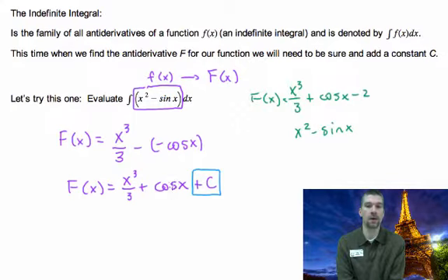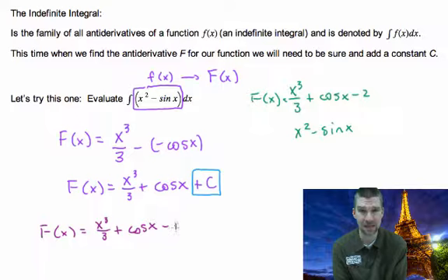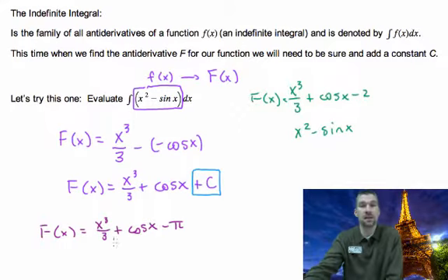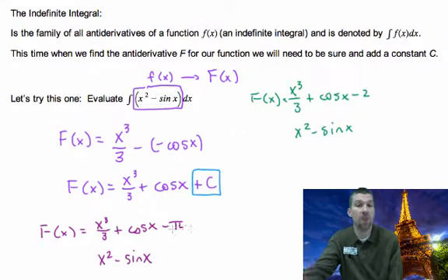Or we could look at another quick example. Again, capital F of x equals x cubed over 3 plus cosine x. What if I added negative pi? Remember, pi is a constant, even though our brain doesn't want it to be. When I take the derivative, I get x squared minus sine x, and the derivative of pi is 0.